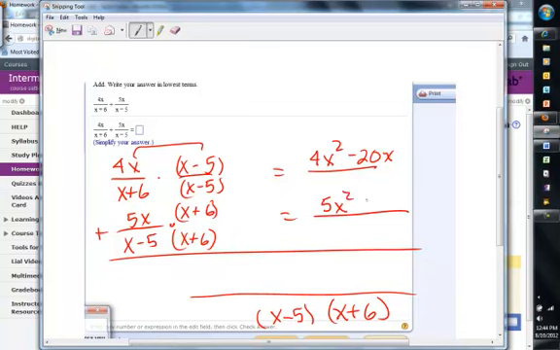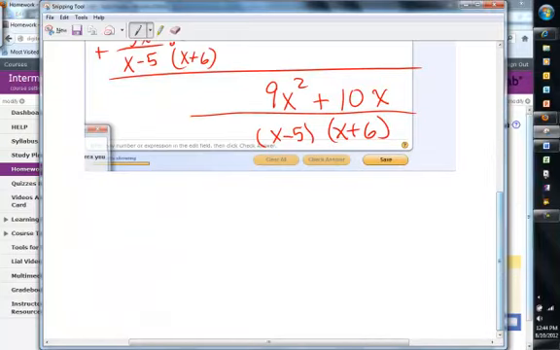5x squared plus 30x. 4x squared and 5x squared is 9x squared. Negative 20 plus 30 is plus 10x. Now we could factor an x out of the numerator, but that won't do us any good because we don't have anything to factor out of the denominator.